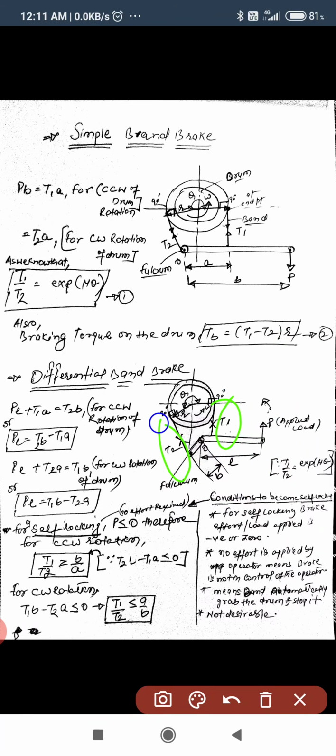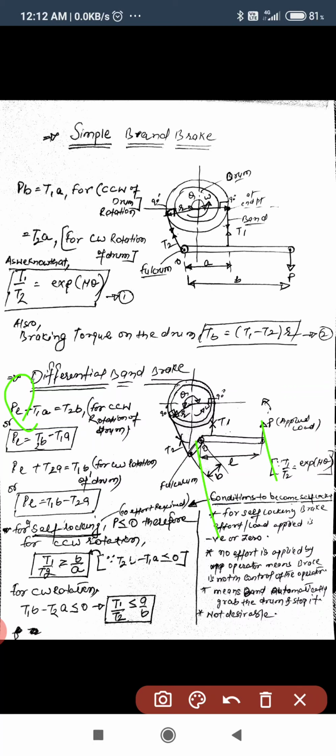T1 is the tension, T2 is the tension, theta is the contact angle, and R is the radius of the drum. When force P is applied in this direction, anti-clockwise, the tight side is in the same direction and the loose side in this direction.